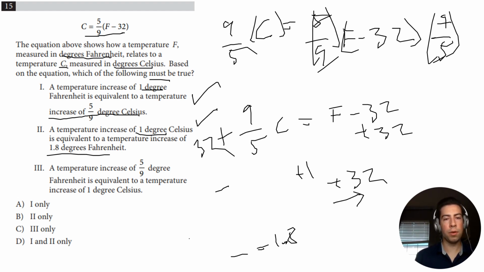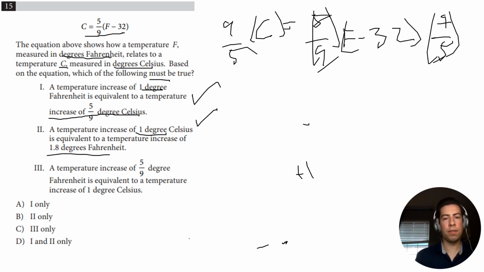So let's go to the third one here, and let's see if we can figure out if that is also true. So this one says a temperature increase of 5/9 degree Fahrenheit is equivalent to a temperature increase of 1 degree Celsius. Okay, so let's think about this.